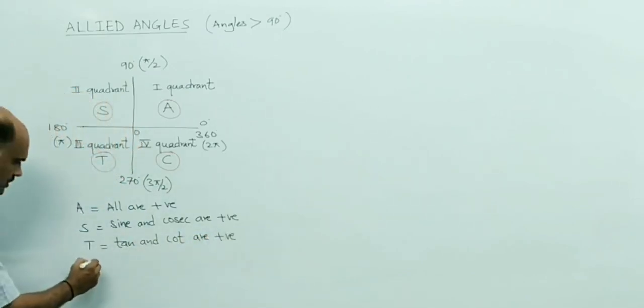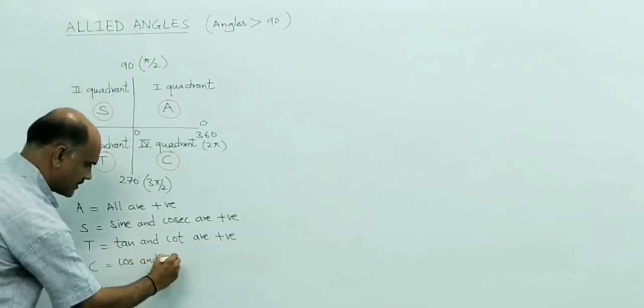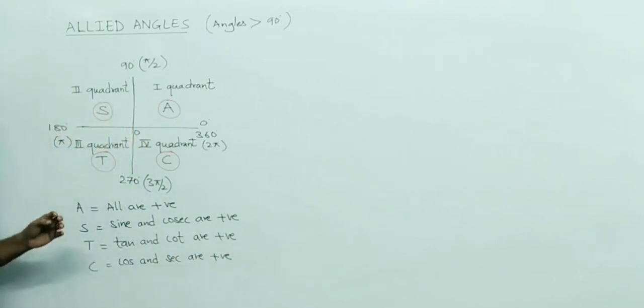And in the fourth, cos and secant are positive. So based on this, we have problems. We will see a few problems on this rule.